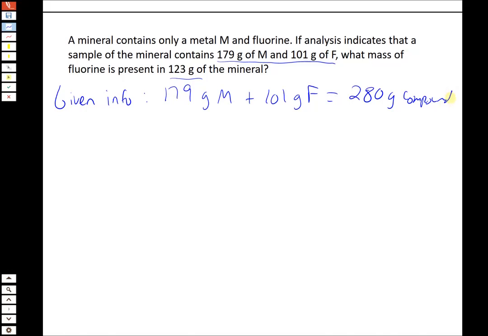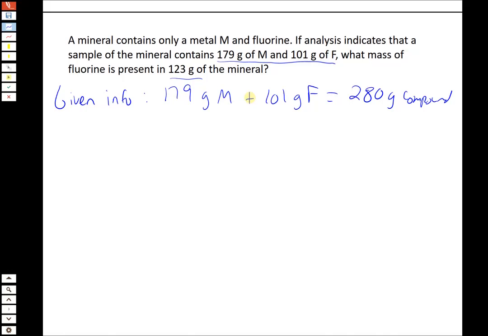So what we can then do is establish ratios with any of these amounts. There's 179 grams of metal per 101 grams of fluorine, and there's 179 grams of metal per 280 grams of compound, and so on. Any combination of these numbers can establish a ratio that defines the composition of this compound.